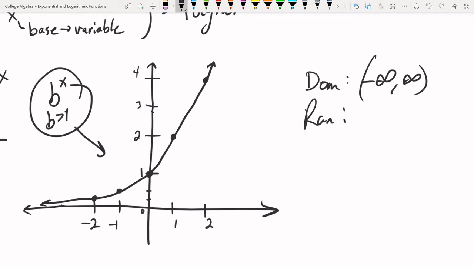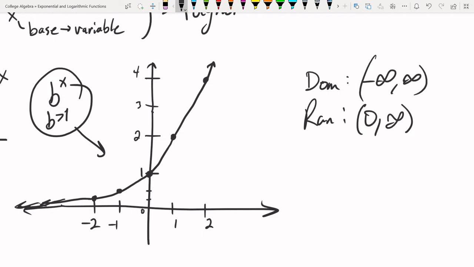If you zoomed in this way and kept going, it never crosses the x-axis. But it does get infinitely close to it. It's what's called an asymptote. That means it goes down to 0, but does not include 0. And then it does in fact go on towards +infinity in this direction, so that's also included.